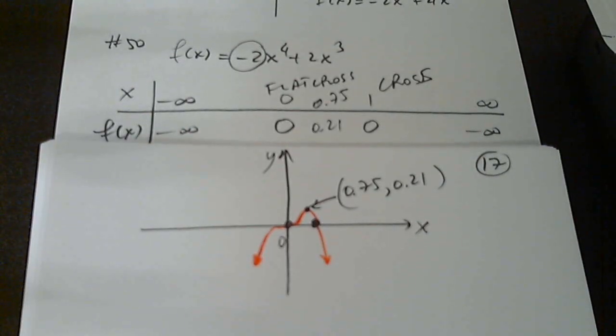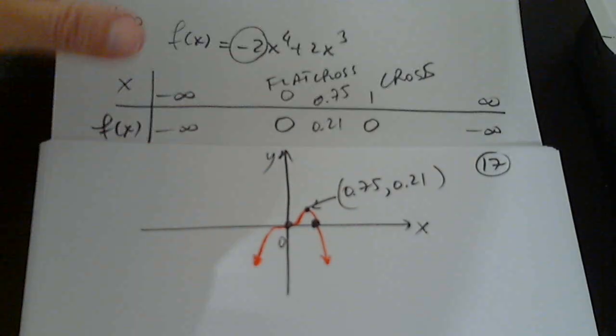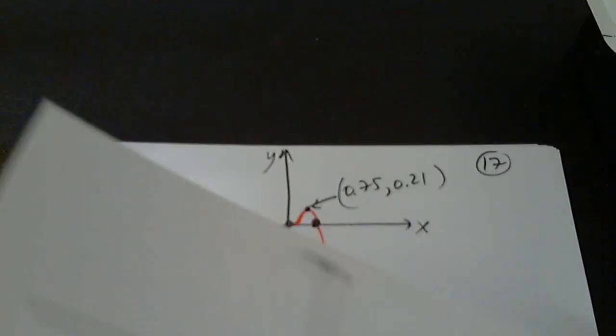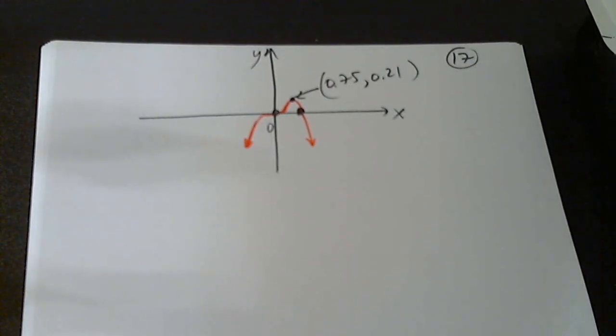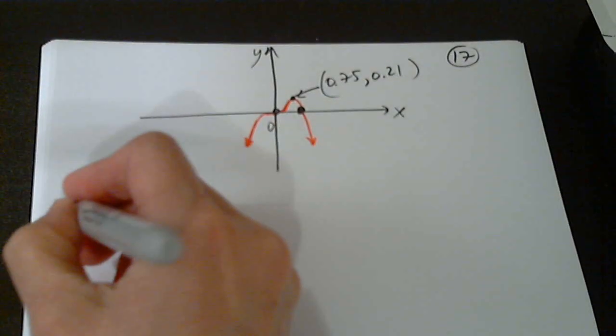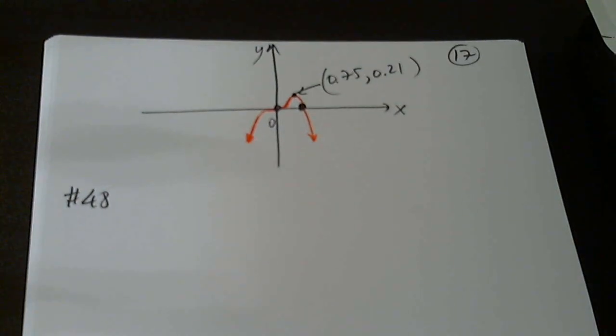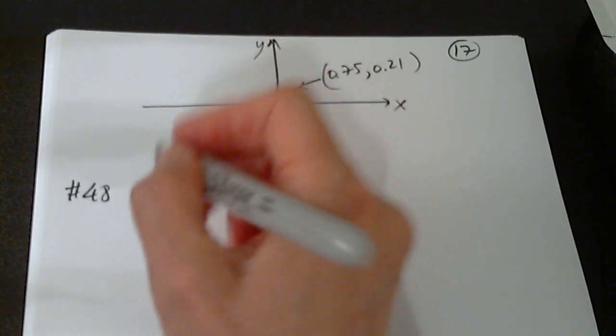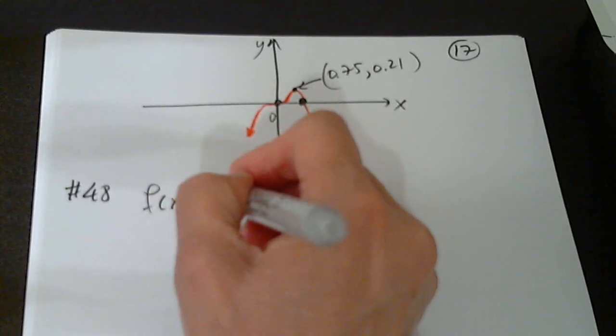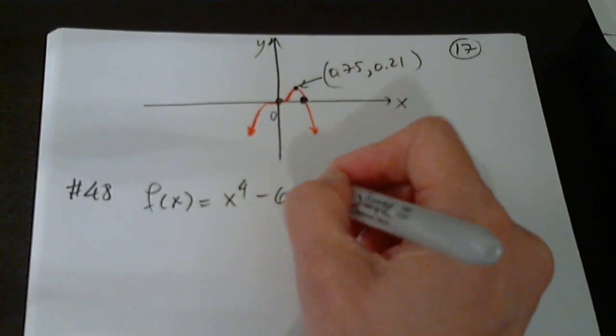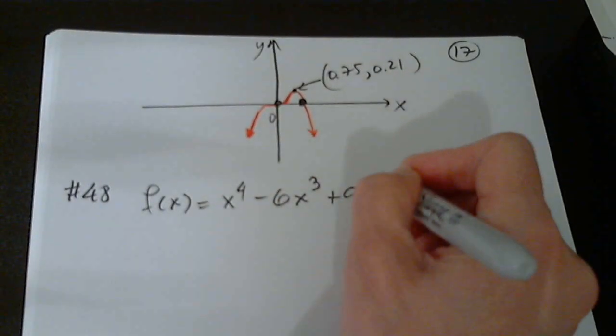Okay, well, I think we have time for one more. Let me choose one this time. I was looking at number 48. So 48. F of x equals x to the 4th minus 6x to the 3rd plus 9x squared.